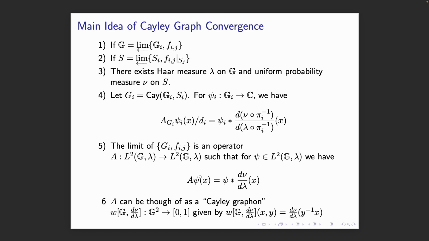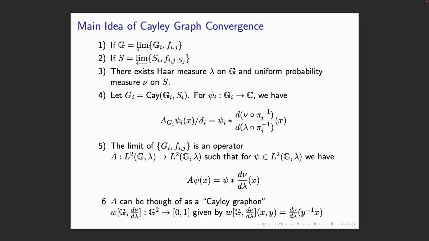So to continue recapping, the main idea of Cayley graph convergence is that if we have an inverse system of groups and we have an inverse system of sets that's almost induced by the inverse system of groups, there's a Haar measure on G, it's a probability measure. There's a uniform probability measure, nu, on S, this is the neighborhood measure. If we construct our sequence of graphs, G_i is the Cayley graph of blackboard G_i with respect to S_i.